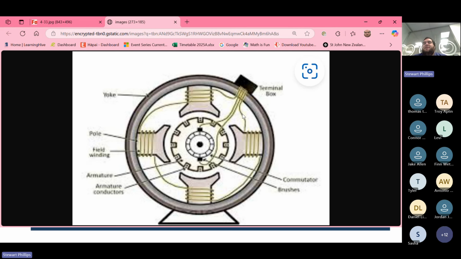So the coil spinning inside of the magnetic field is what creates the EMF. And if we have an EMF and a completed circuit, we know that to create current, we need a resistance. So that is the circuit. As long as we have voltage and a resistance, we will have current flow.